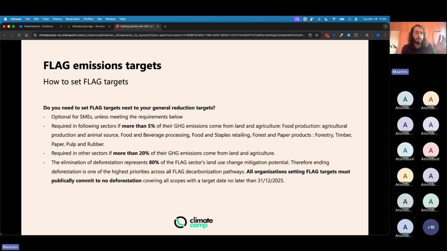So if you have to set FLAG targets, you also need to publicly commit to no deforestation, covering all scopes, with a target date no later than this year, December this year. Well, for the people in Europe in this webinar, obviously the EUDR already makes steps towards traceability of wood or certain goods coming from deforested areas. But if you commit to SBTi FLAG, you need to also commit to no deforestation.